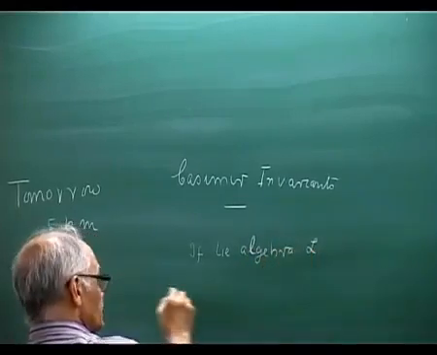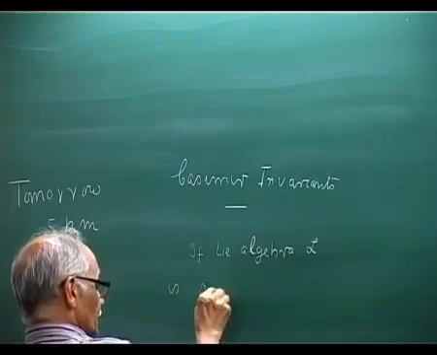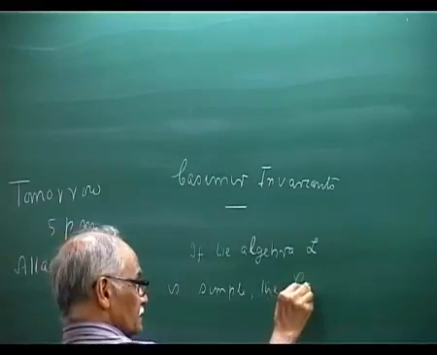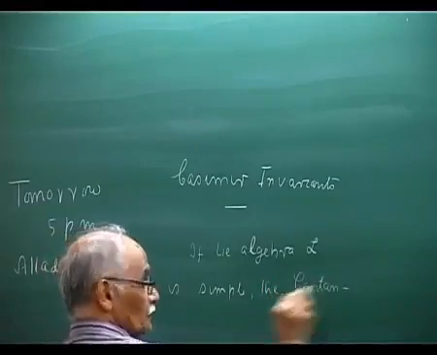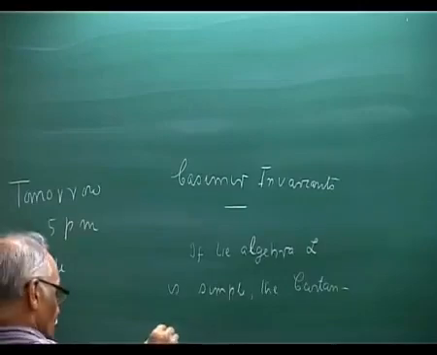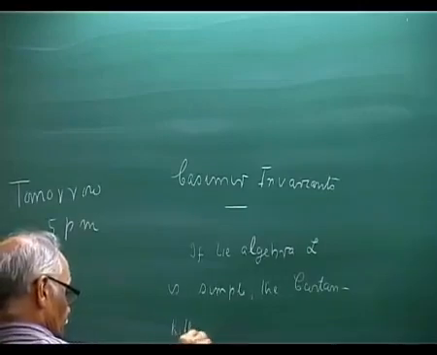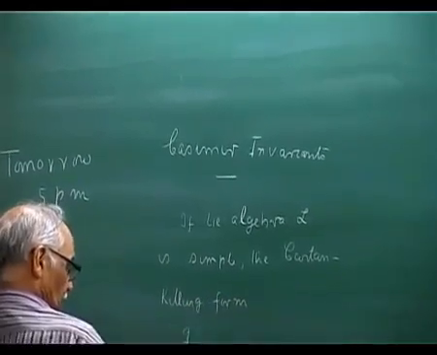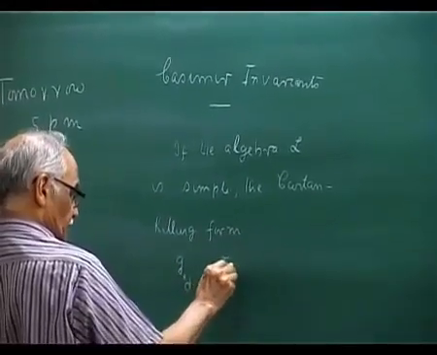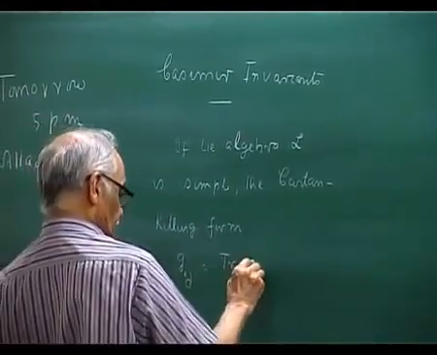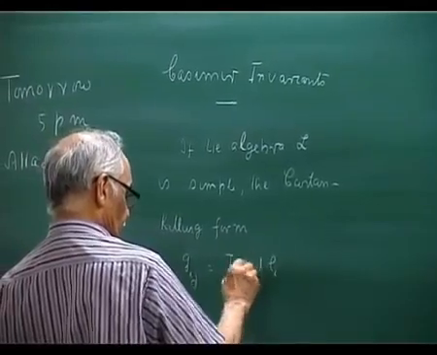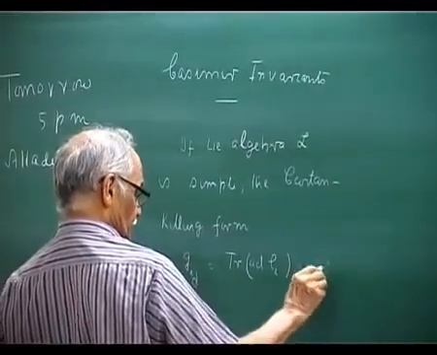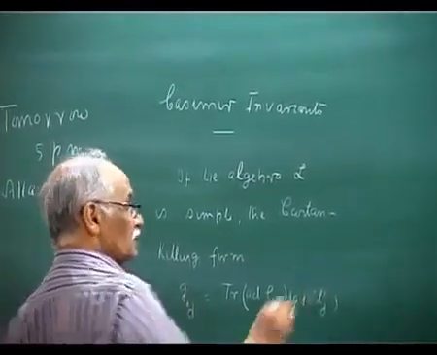If the Lie algebra L is simple, the Cartan-Killing form G_ij, which is the trace of ad L_i ad L_j, is non-degenerate.